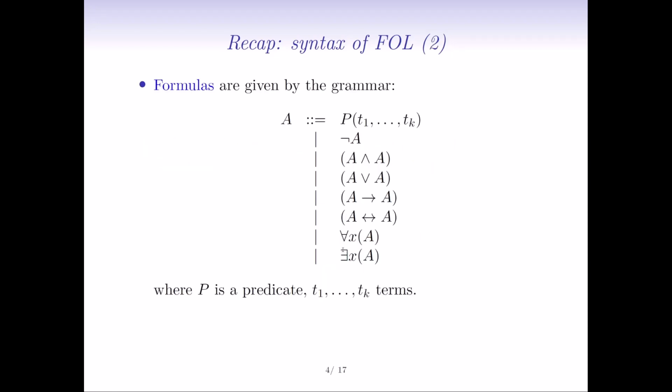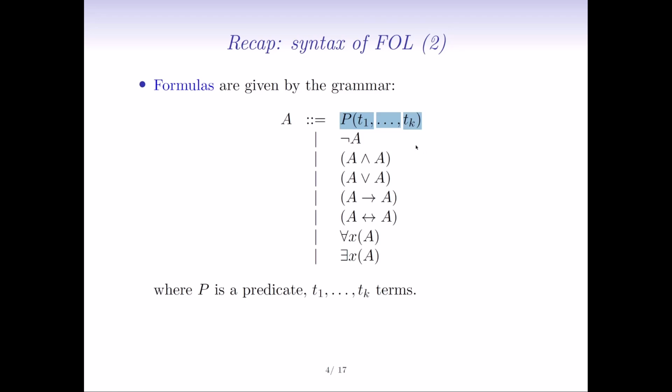Next, we have the grammar for formulas, and a formula A in the basic or atomic case is a predicate formula built from a predicate symbol P in the language. That predicate symbol also has an arity, which I'm thinking of here as being k, and so a predicate formula is a predicate symbol P applied to k terms t1 up to tk.